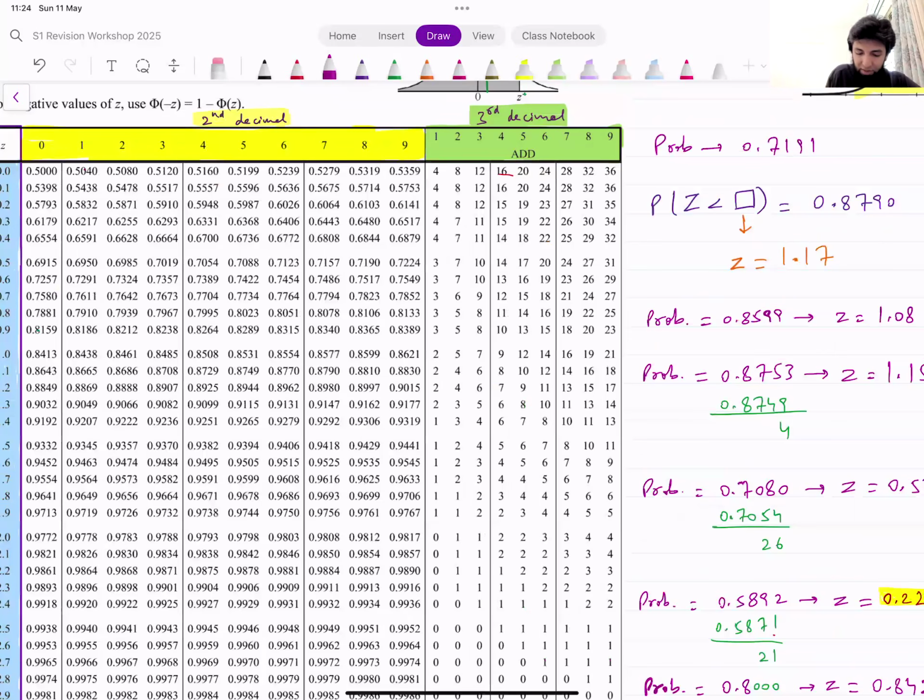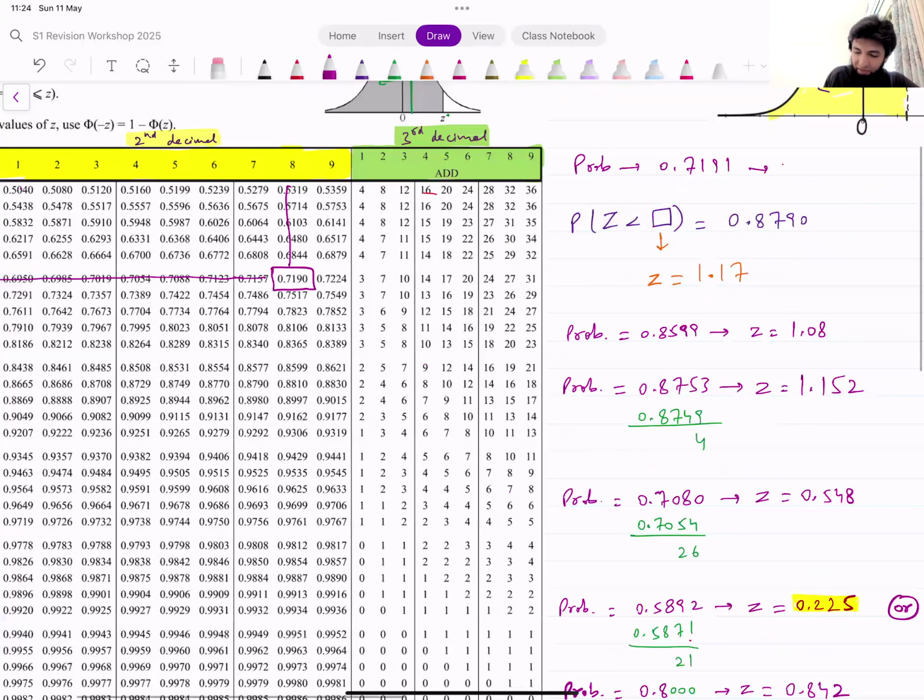The Z value corresponding to that turns out to be 0.58, but then we need to add one more to it. Let's go to the right side. Where is 1 going to be? 1 is here, right? Now, is 1 close to 3 or is it close to 0? 1 is close to 0. So in this case, you do not add 1 here because 1 is actually close to 0.